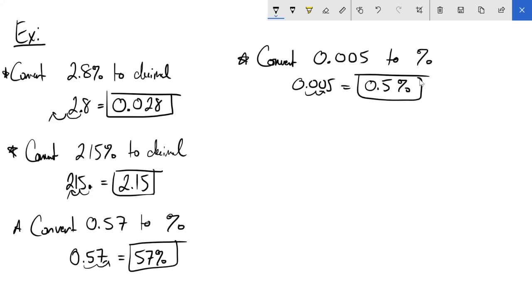All right? So the easiest conversions are between percentage and decimal form. You can take fractions and turn them into percentages. So what if I wanted to convert, say, 5/8 to a percentage? What do you think?